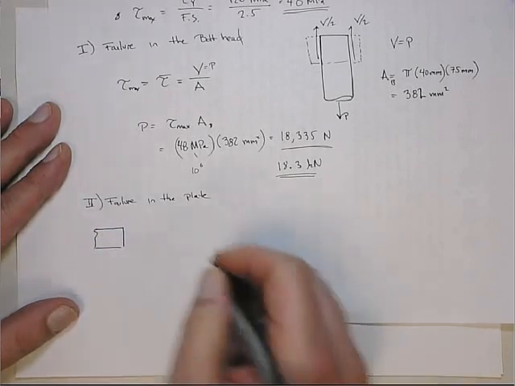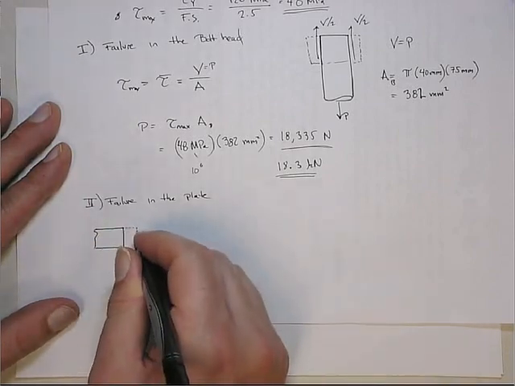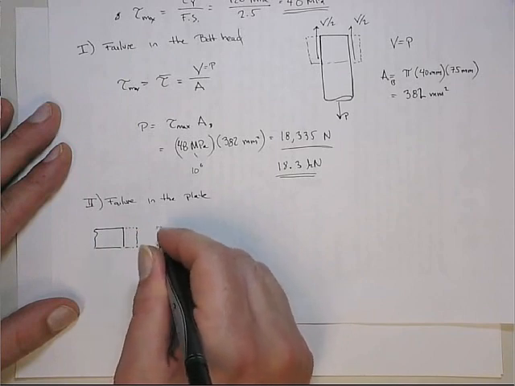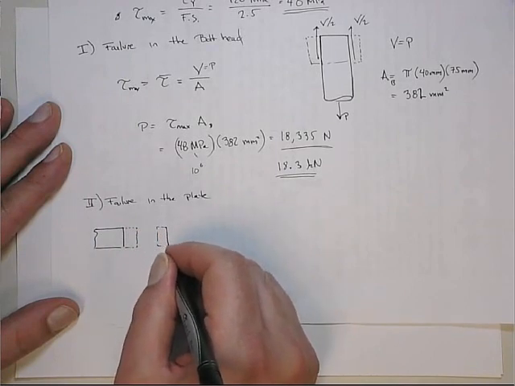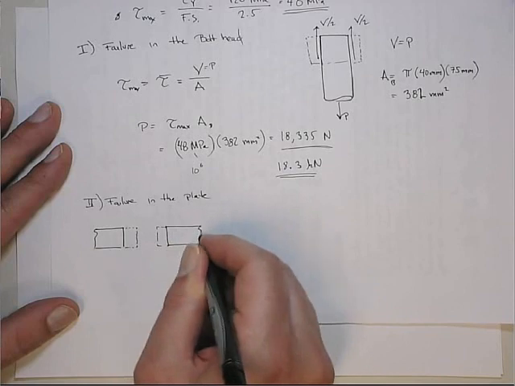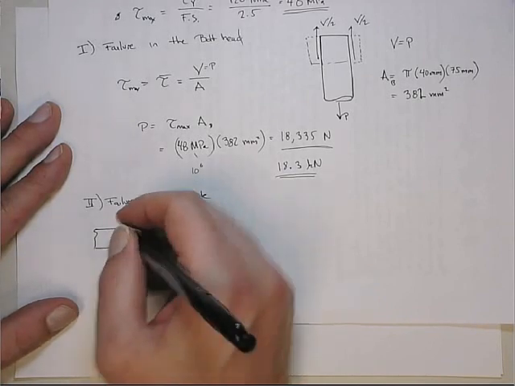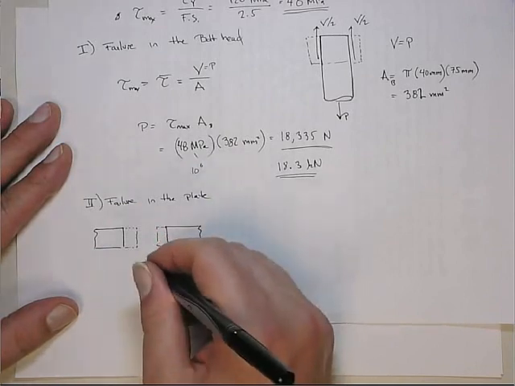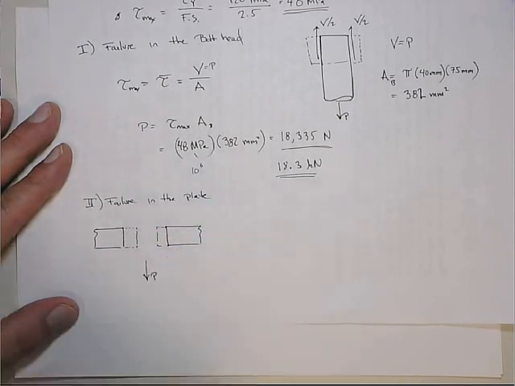Here's one edge of the plate. Here's the part of the plate we're removing from the free body diagram, because this is where the bolt acts on, right? And acting downward on this is going to be P.